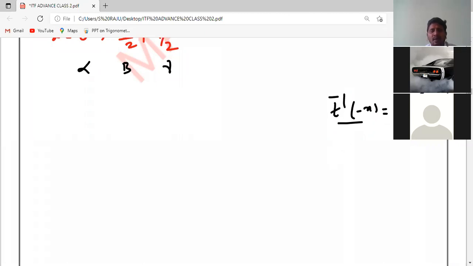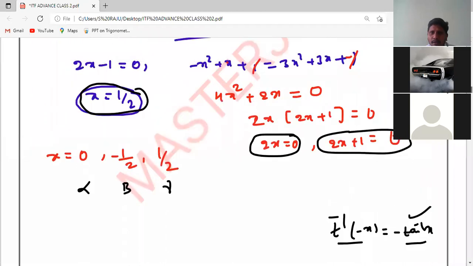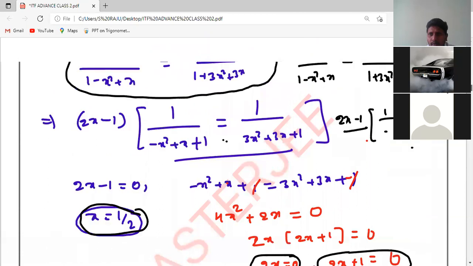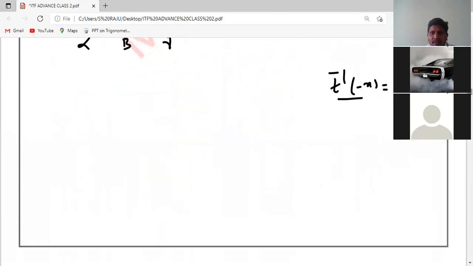Then in this case, what is the answer you are getting? Minus tan inverse of, yeah, we'll get the same. That you have to try in this way.